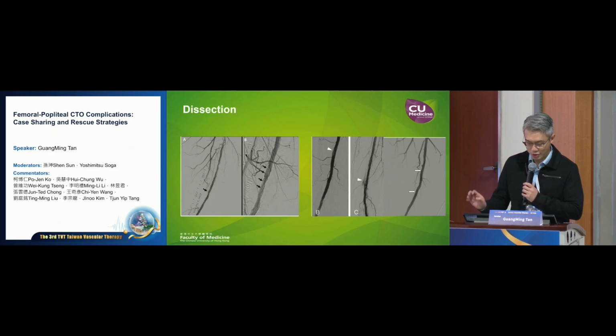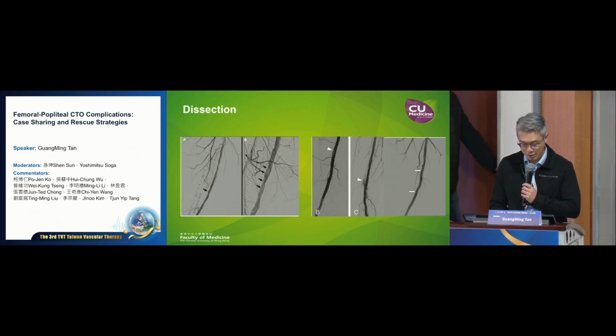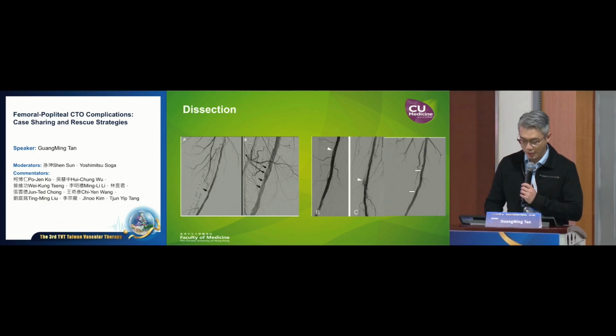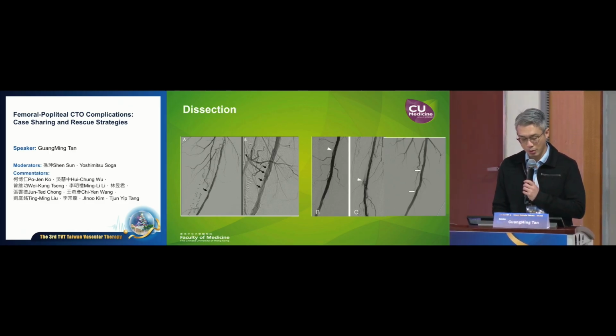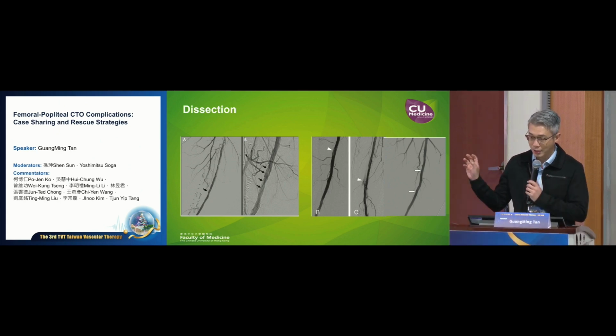But of course, controlled dissection is more important than diffuse spiral dissection. With adjuvant devices, such as what we've seen in the past few days with a Jetstream or Hawk or a shockwave balloon, hopefully this dissection can be controlled and managed with just balloon tamponade.